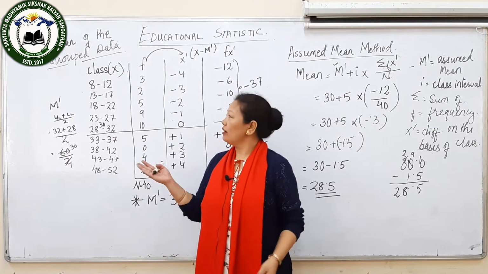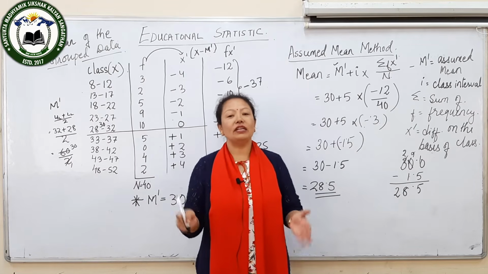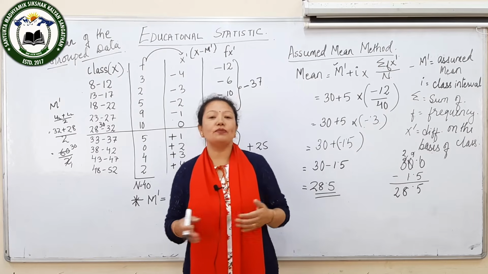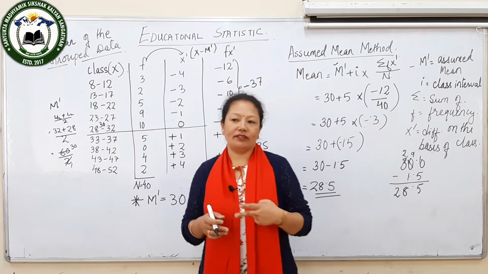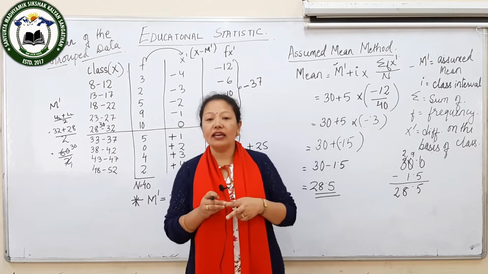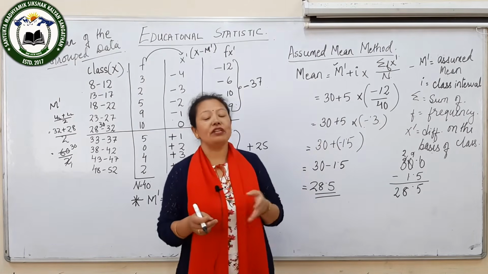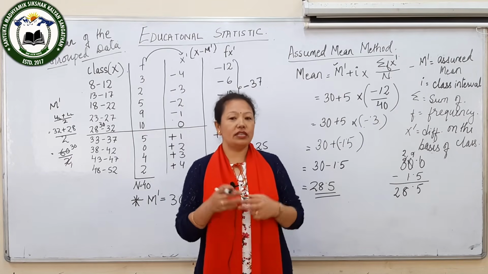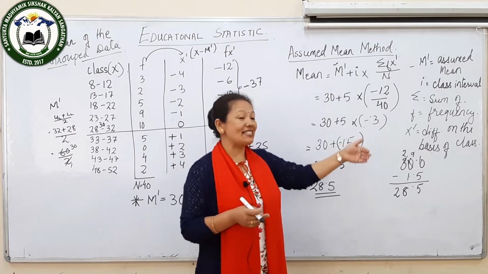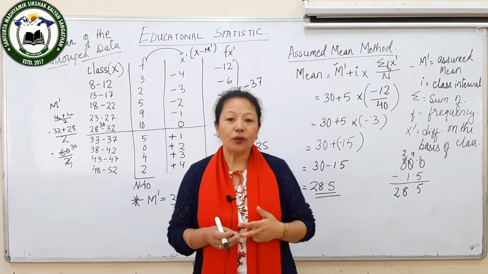So today what we did is we found the mean of the grouped data through 2 methods. The first one is the direct method and the second one is the assumed mean method, and I hope that this assumed mean method is the easiest one, and it will be very helpful in the next class also to find the median and the mode.